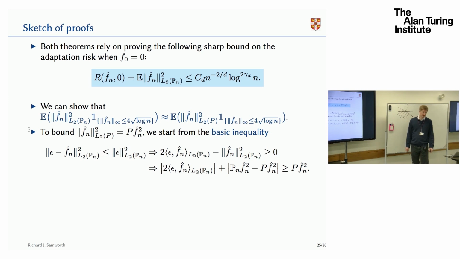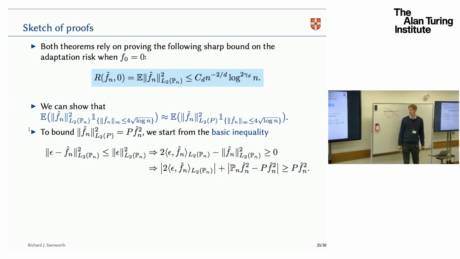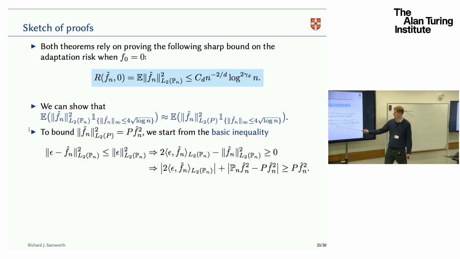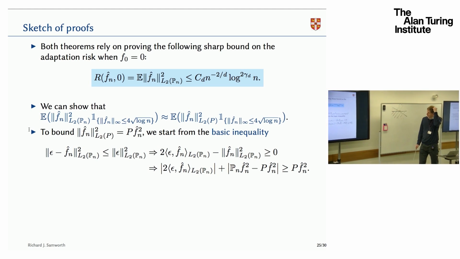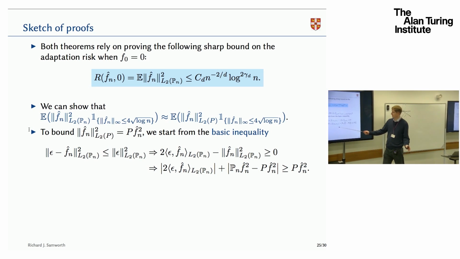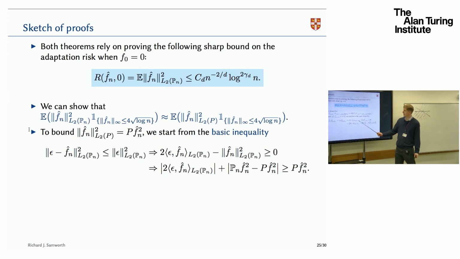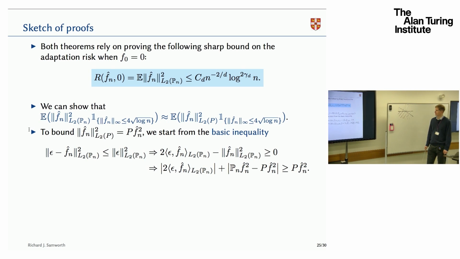As always with least squares problems, you're going to start from a basic inequality. You say that your risk, which I can write like this, of your estimator fn hat, or at least the loss, is smaller than the loss at the truth, which gives me the epsilon squared there.